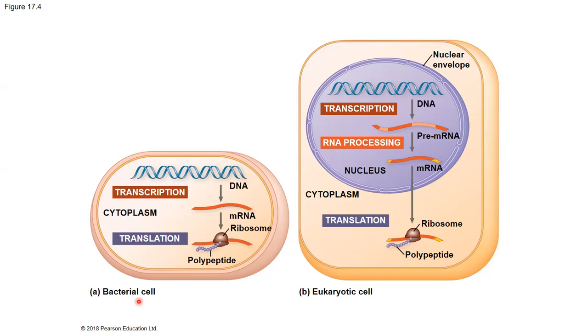So we know that, from what you learned in Biology 101, Chapter 6, eukaryotes have membrane-bound organelles, and they have their DNA enclosed inside a nucleus, and the nucleus basically will have a nuclear envelope. So the DNA will be inside the nucleus. Prokaryotes, like bacterial cells, do not have membrane-bound organelles, and their DNA is just in the cytoplasm.